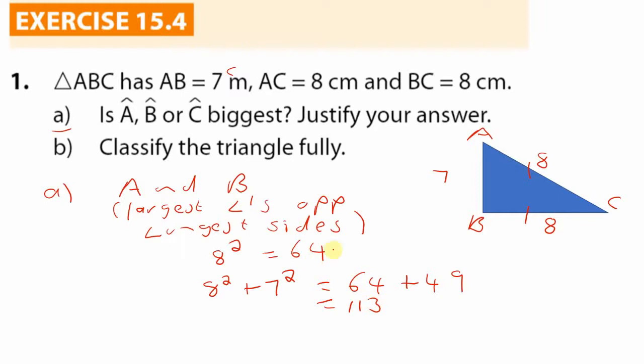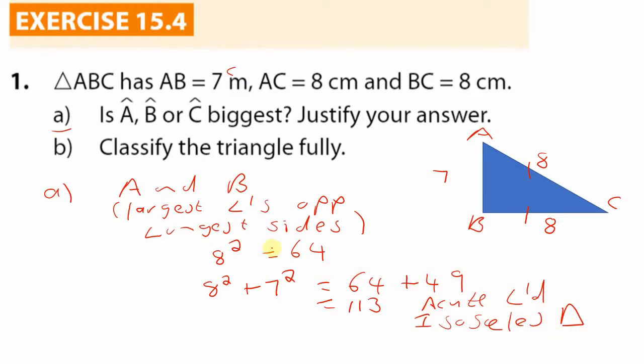So the fact that we have 64 versus 113 indicates to us that this cannot be a right angle triangle. And then furthermore, the fact that the longest side squared is smaller than the sum of the others indicates to us that this must be an acute angled isosceles triangle.